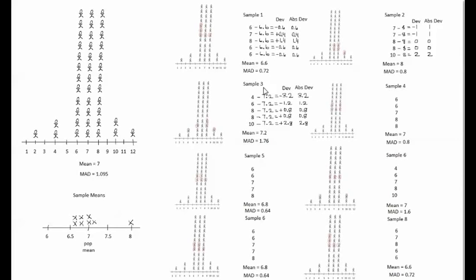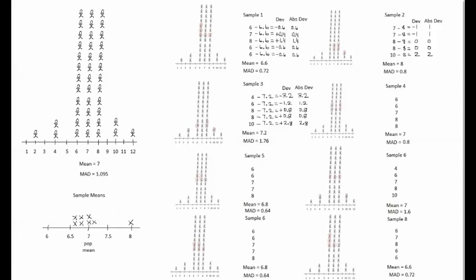So all of these 6 samples underestimate the population mean absolute deviation. So we've seen that 2 out of the 8 samples overestimate the population mean absolute deviation, and 6 out of the 8 samples underestimate it.